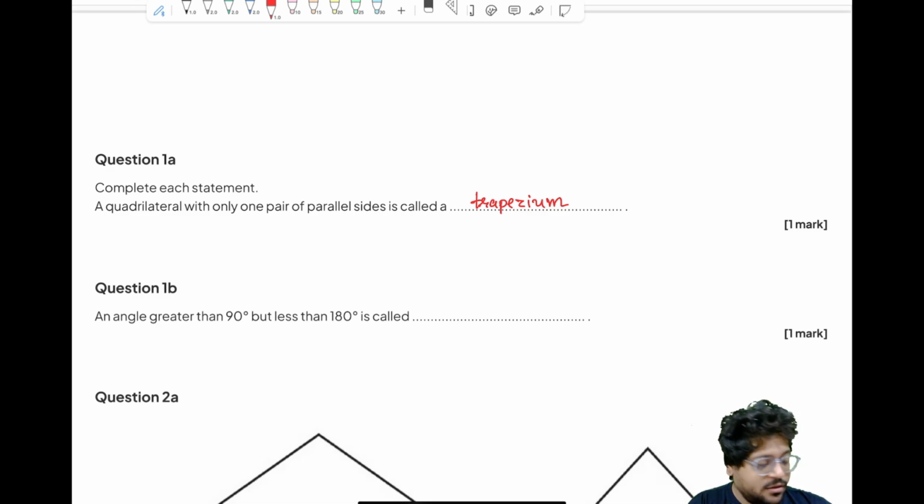So these were the classification of angles. Here they are asking between 90 to 180, so that is called obtuse angle. Clear?